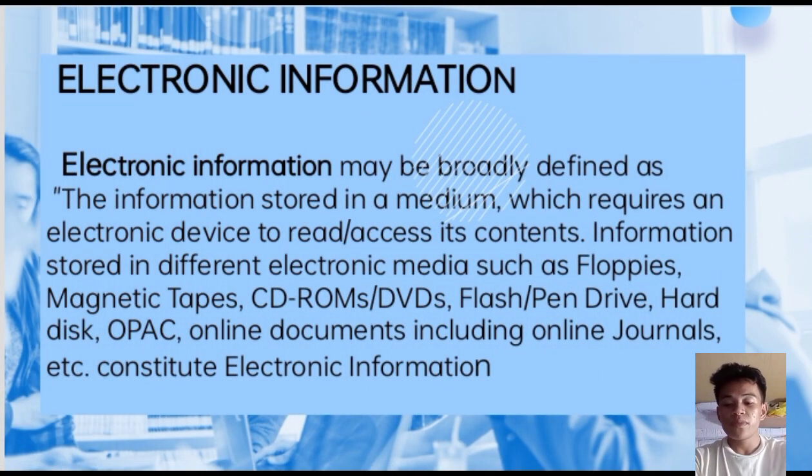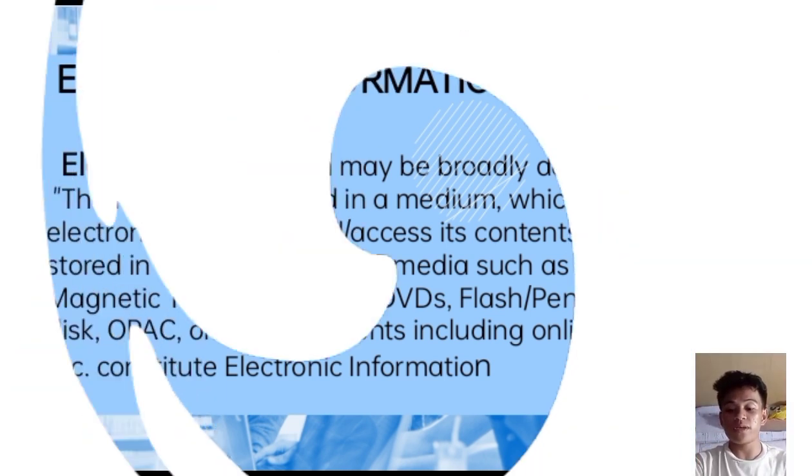Electronic information may be broadly defined as information stored in a medium which requires an electronic device to read or access its contents. Information stored in different electronic media such as floppies, magnetic tapes, CD-ROMs, DVDs, flash or pen drives, hard disks, optical disks, and online documents, including online journals, constitute electronic information.